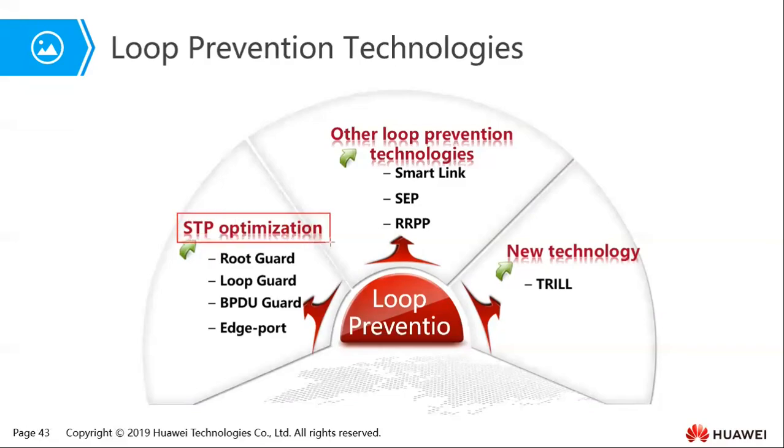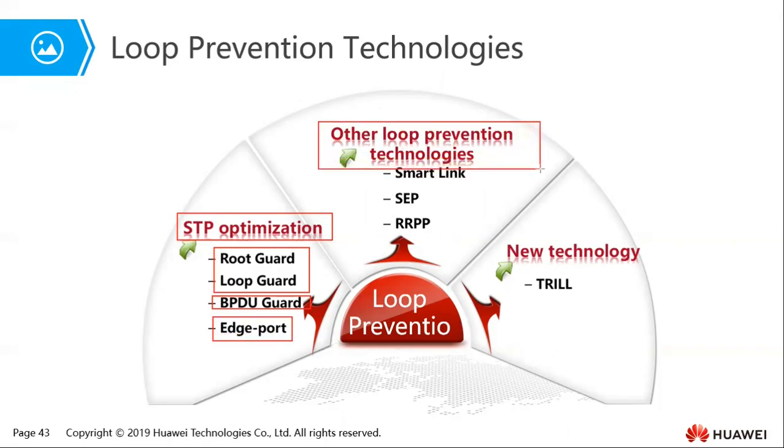Number one, you can do STP optimization. For example, you can configure loop guard and root guard protection. You can configure BPDU guard, and you can also configure access ports as edge ports.